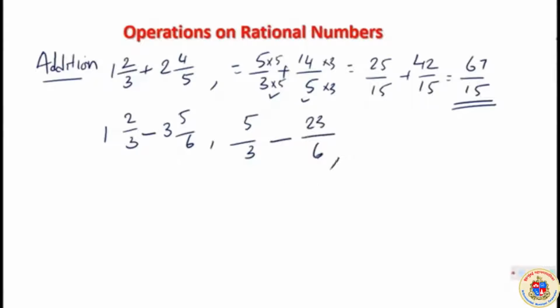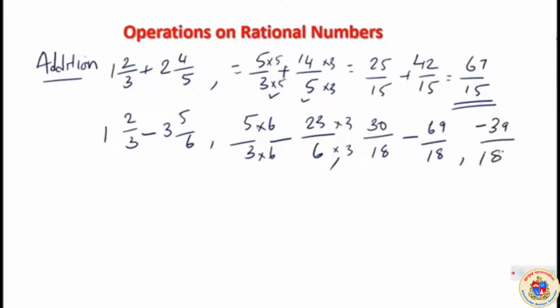You will see that the denominators are different. 18 is the LCM, so we can convert them into numbers with denominator 18. Here you have to multiply with 6, so naturally it will be 30 upon 18, minus, here by 3, it will be 69 upon 18, and your answer will be minus 39 upon 18. This is about subtraction.